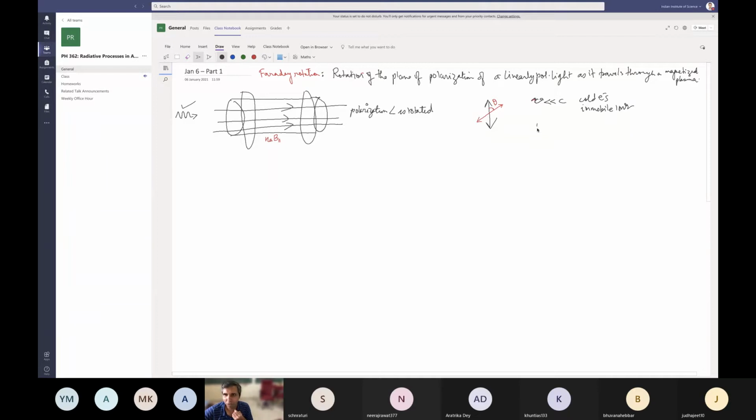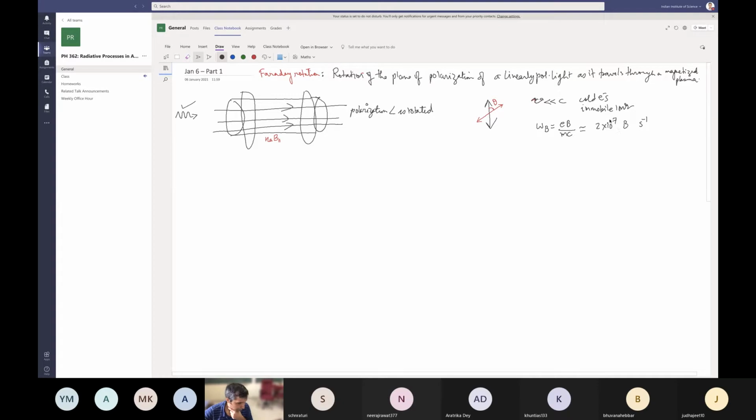Right, and we already know omega_B is equal to eB by mc. Here gamma is equal to 1, so it's eB by mc because v is much less than c. This is about 2 times 10 to the 7 B per second if B is in Gauss, which is the CGS unit of magnetic fields.